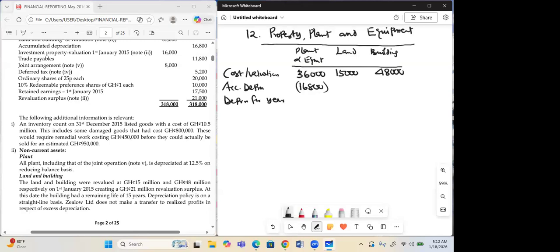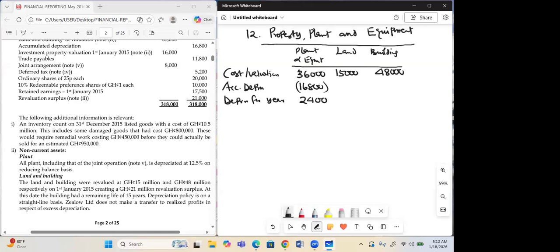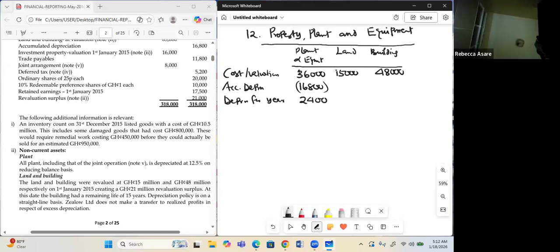When we depreciated it, what did we get? Look in your depreciation. Before the joint venture, what did you get? 2,400. Then the building gave you what? 3,200.